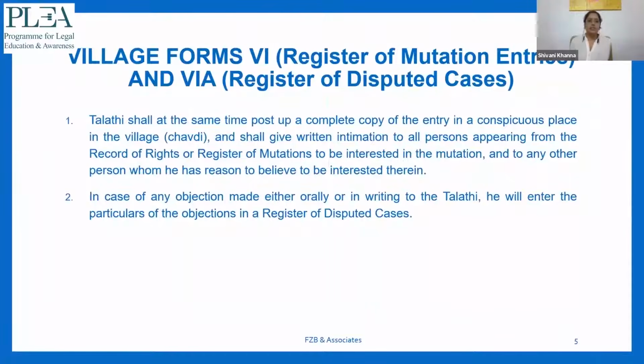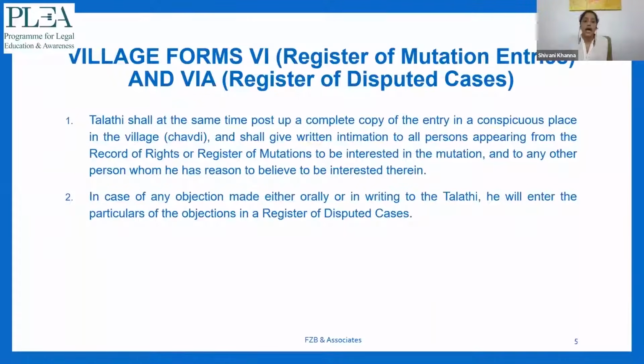Once the information is put in the register of mutation, the talati informs all persons who are interested, the interested persons who get affected because of this mutation, and also in some conspicuous part of the village, he posts this mutation.